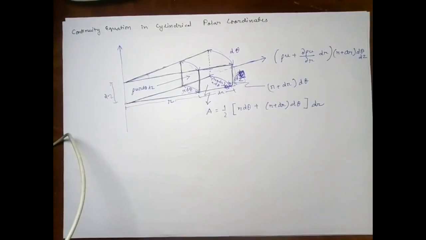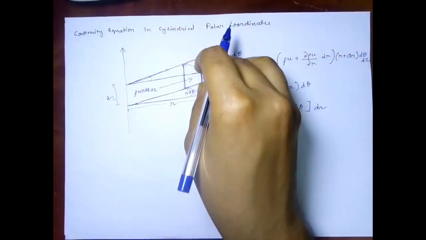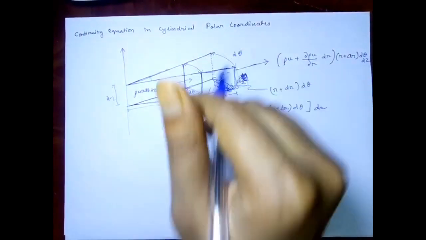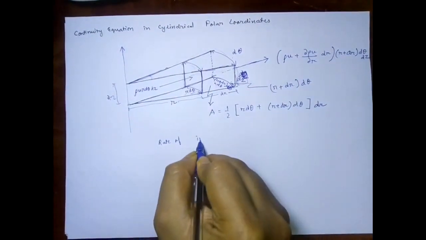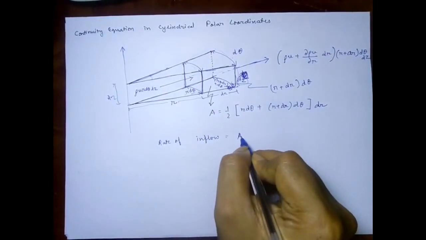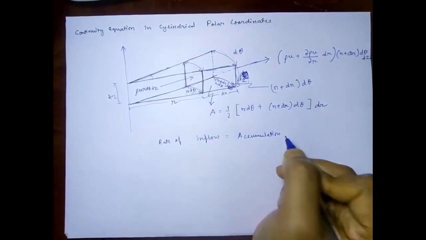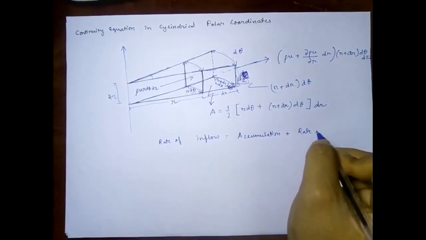We need to account for all that fluid, because some amount of fluid will also accumulate in the control volume. So we can say that rate of inflow will be equal to the accumulation plus rate of outflow.